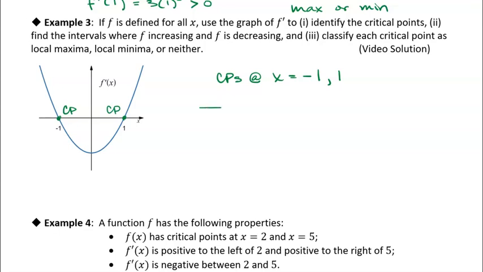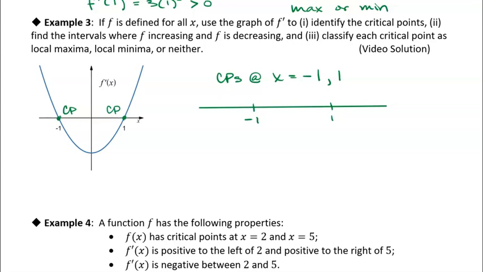And now I can just do what I've done before, just draw a little number line. I'm going to break the domain of the original function into 3 parts by breaking it at the critical points. And then I can look at the graph of the derivative here, and I can look at where it's positive and where it's negative to determine the slope of the original function.